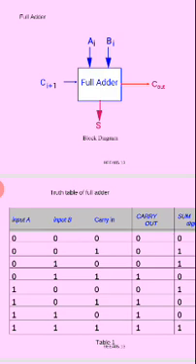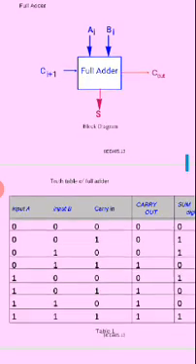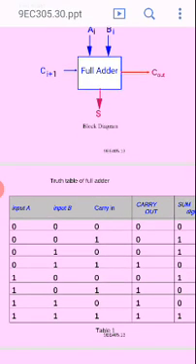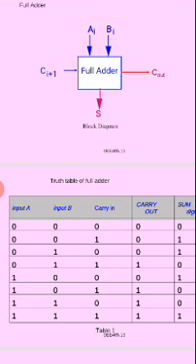These three inputs for two binary digits give 2 power 3 combinations, which means we get 8 combinations for the inputs.